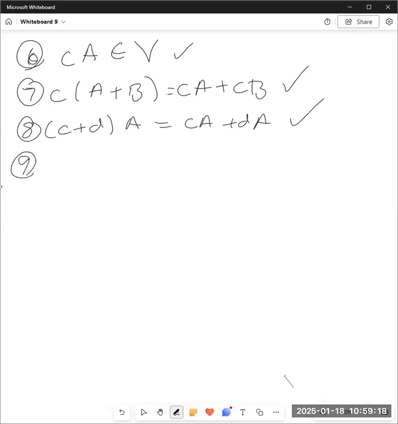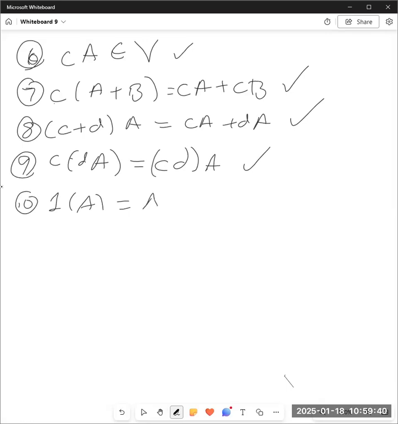We have the order of multiplication of constants here, which does not matter for matrices. Under standard operations, if I multiply 1 times matrix A, I get matrix A as well.